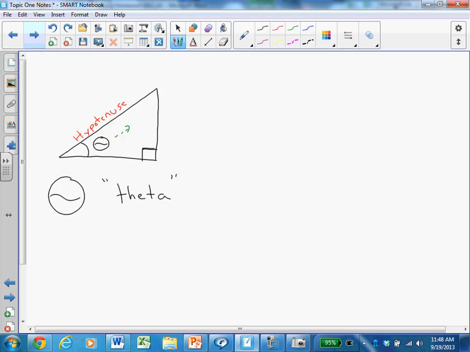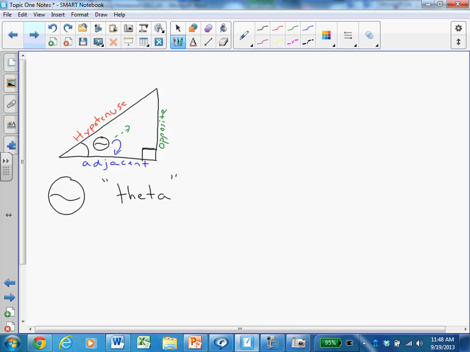It's the opposite side related to theta. How about this side here that's next to theta, but it's not the hypotenuse? We call that adjacent. Right? So there's some relationships that we can get from that.